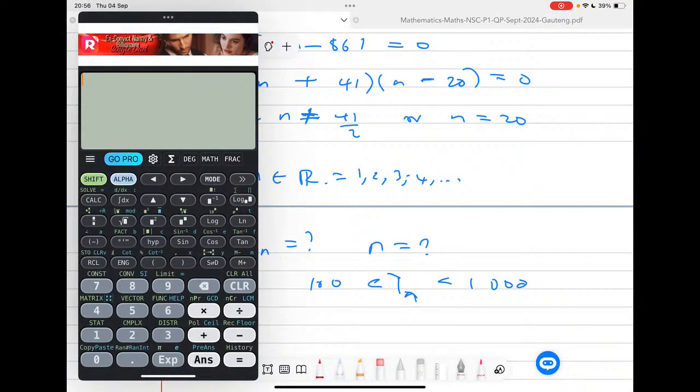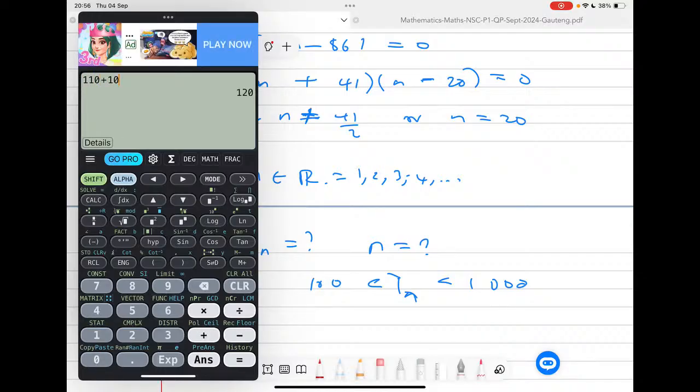But now the tricky part is to find the first term here. You will say 100 plus 10, it gives you 110.